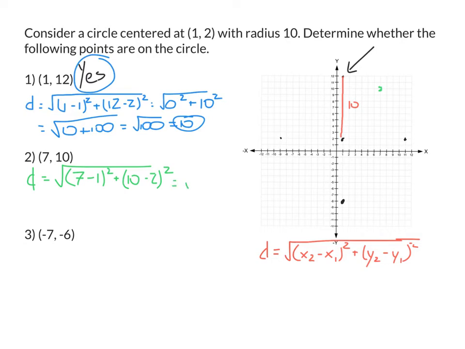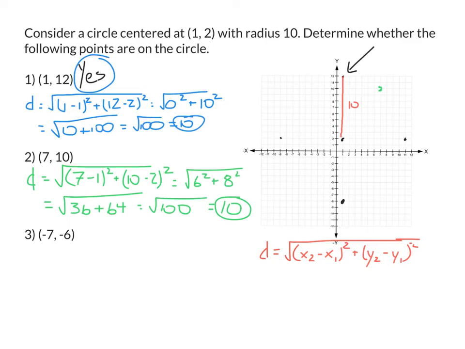And so we begin to simplify. 7 minus 1 is 6 squared, plus 10 minus 2 is 8 squared. 6 squared is 36. 8 squared is 64. When we add those together, we get 100. And sure enough, the square root of 100 is still 10. So is (7, 10) on the circle? The answer here, of course, now is yes.